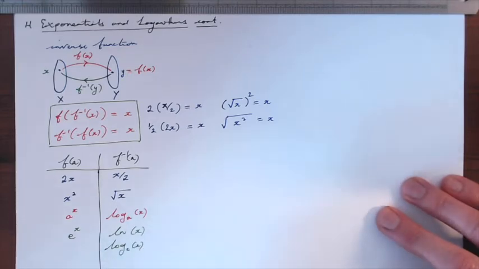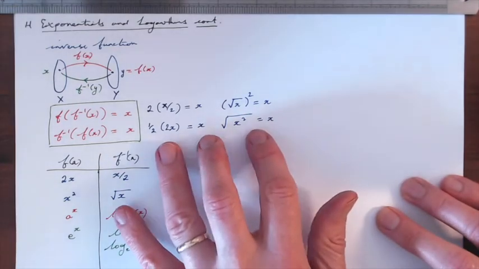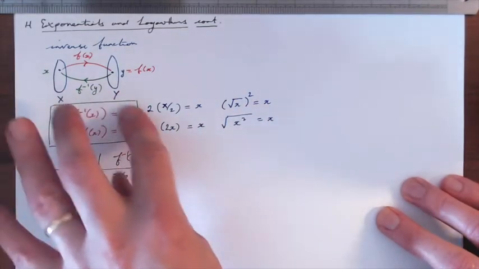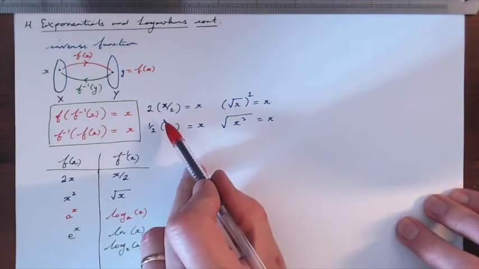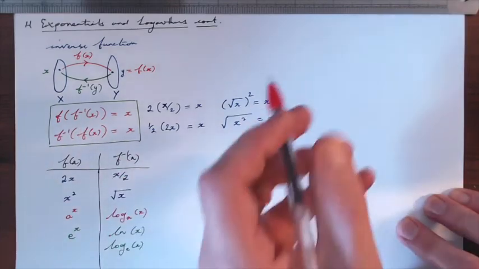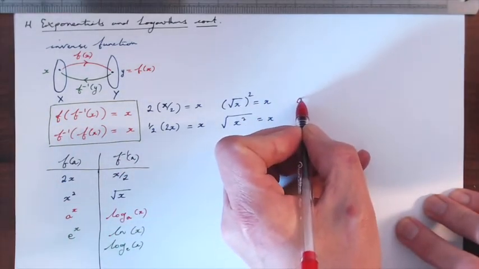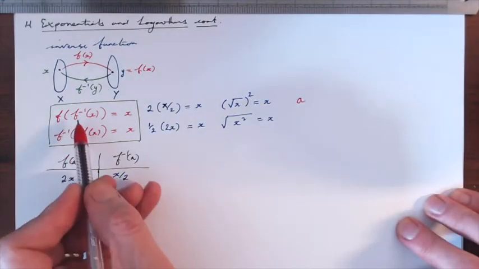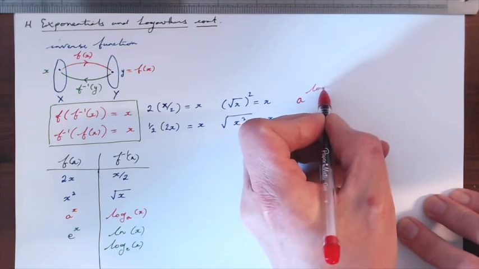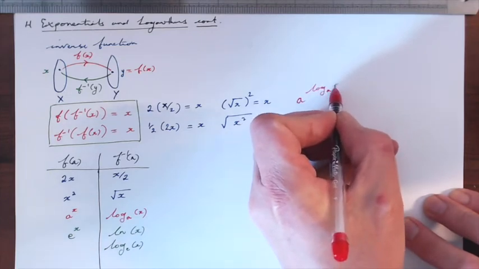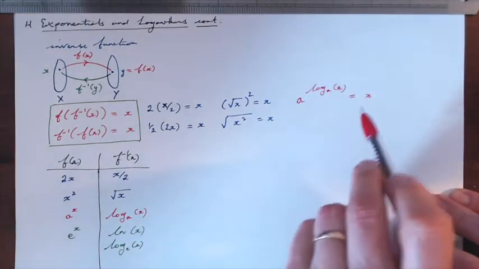Very good. And let's now see, very importantly, what does that look like in terms of these relationships? And these are really important now. What we're saying is that if we apply the exponential function, so a to the power of its argument, and the argument is the inverse function, which is log to the base a of x, then this returns x.